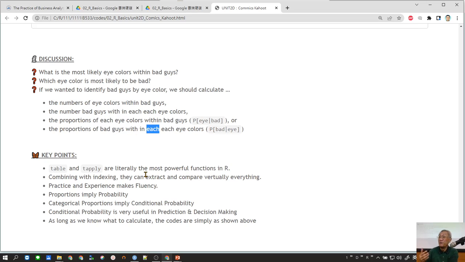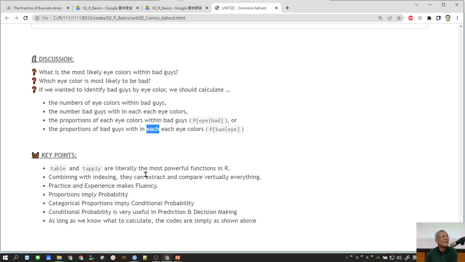So what is the right question I should ask? The fourth one?